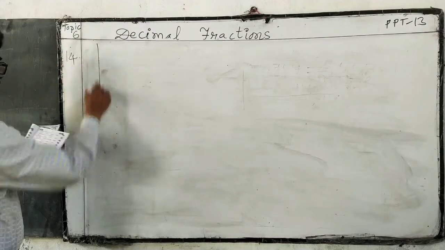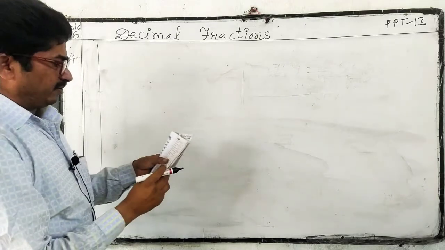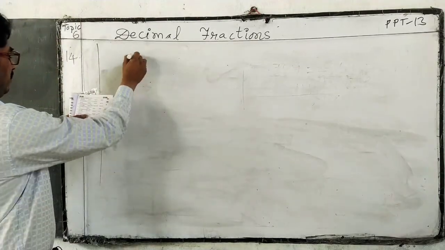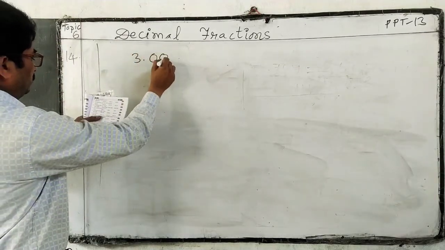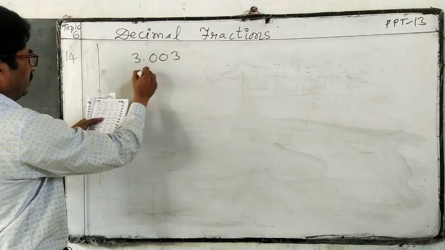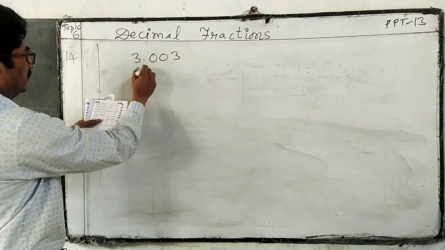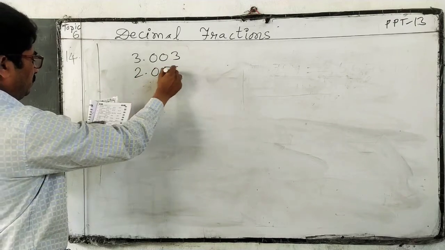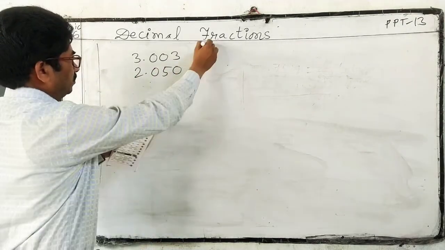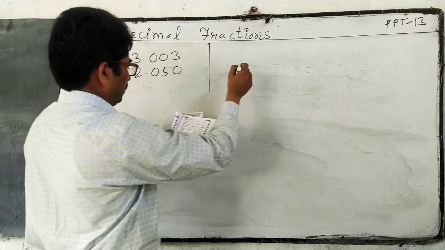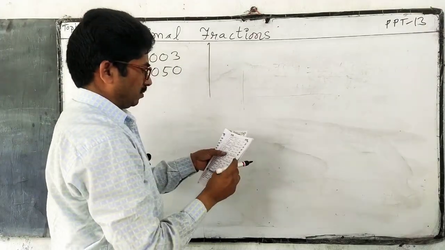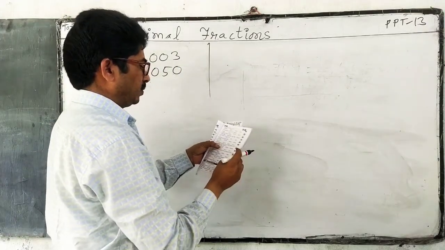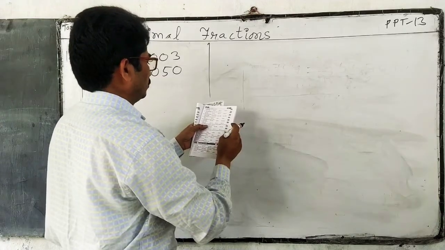14th, the difference between 3.003 and 2.050 is added to the sum of those numbers.